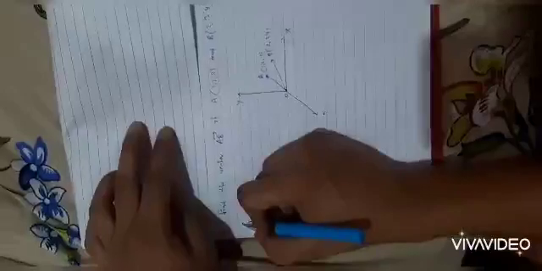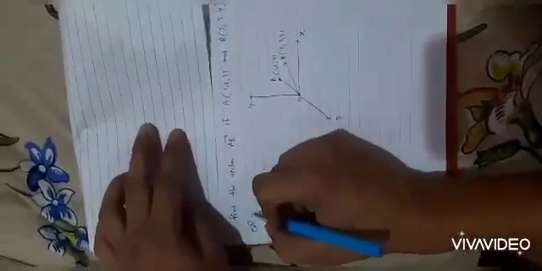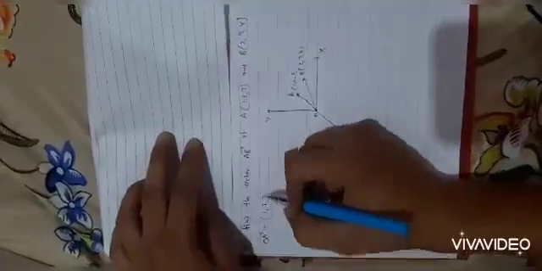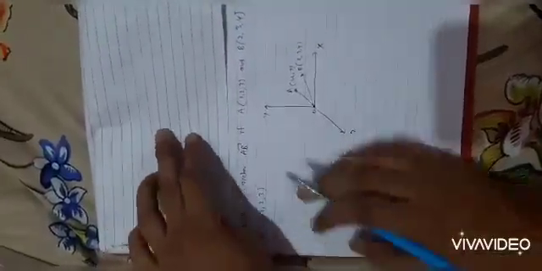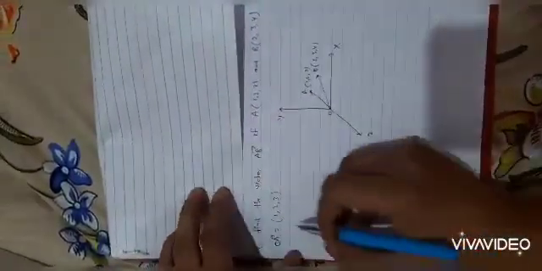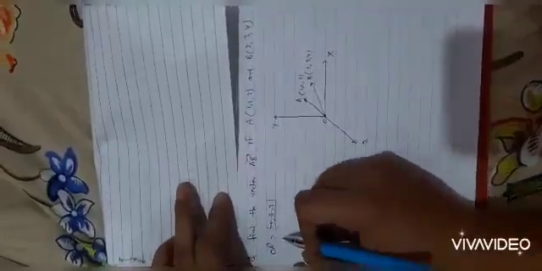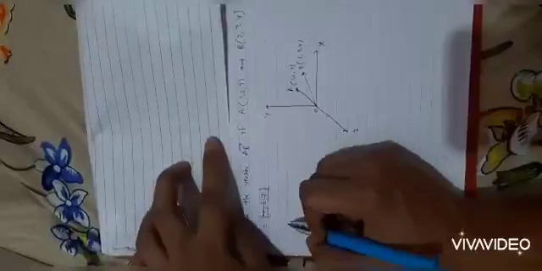Now we are having vector OA, we can write it 1, 2 and 3. We have to write it in the form of I, J and K cap.